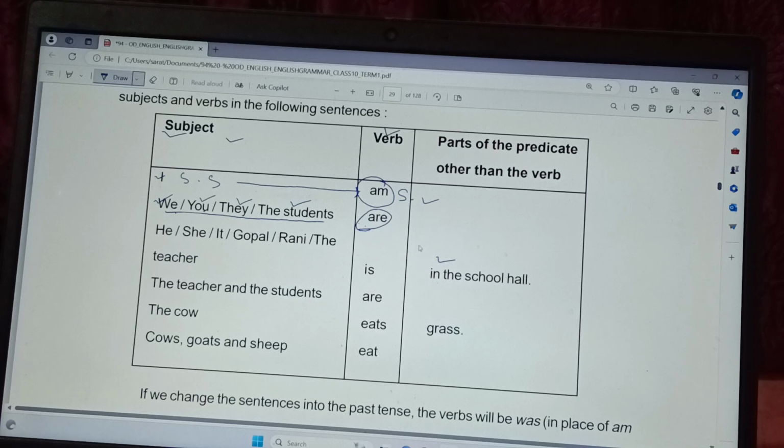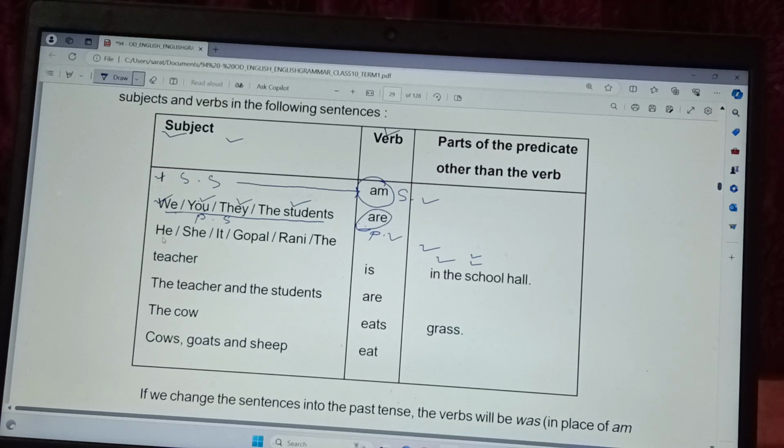You are in the school hall. They are in the school hall. The students are in the school hall. So these are called plural subjects. So a plural subject agrees with the plural verb, PP.